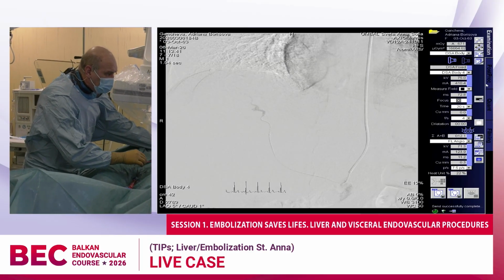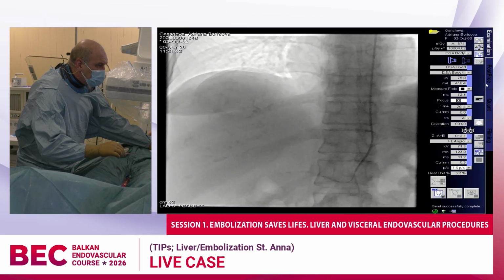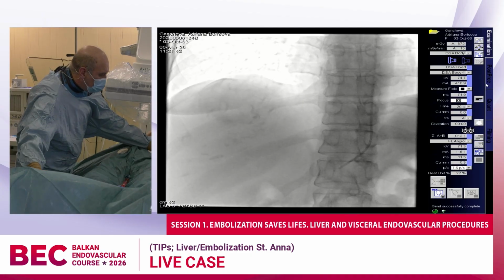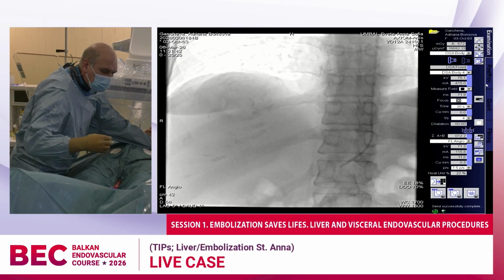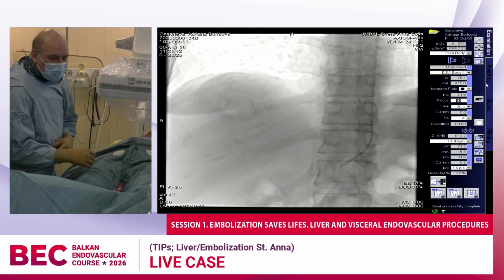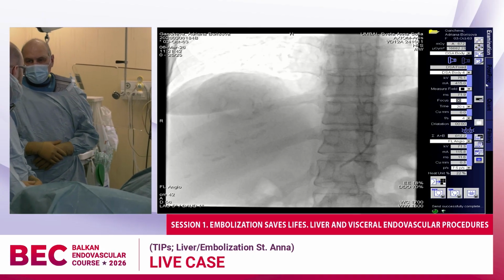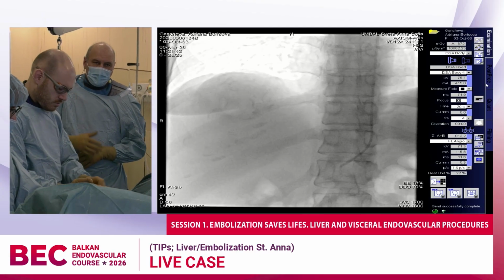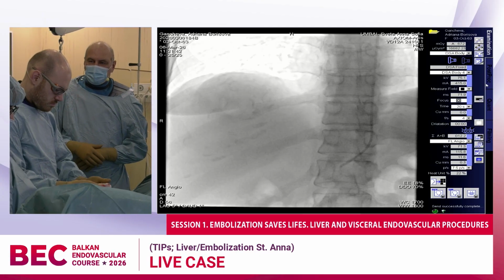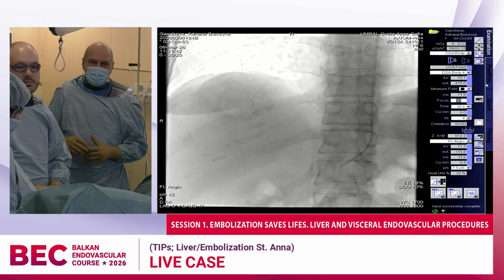Now we are taking out everything. While aspirating the microcatheters, we take out the multi-purpose catheter, and then the sheath from the radial is taken out on the table. The patient can be ambulated right now, and we hope that we will not have post-embolization syndrome.